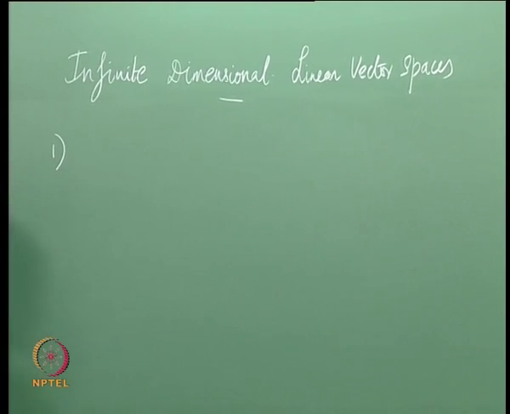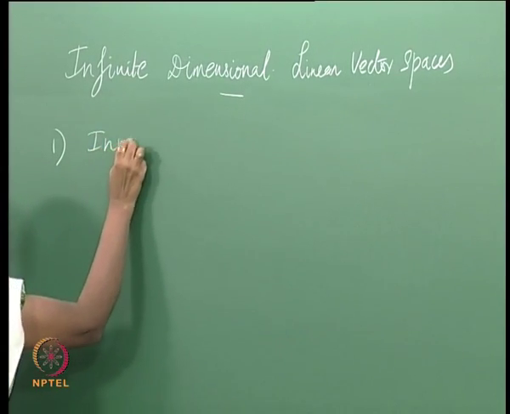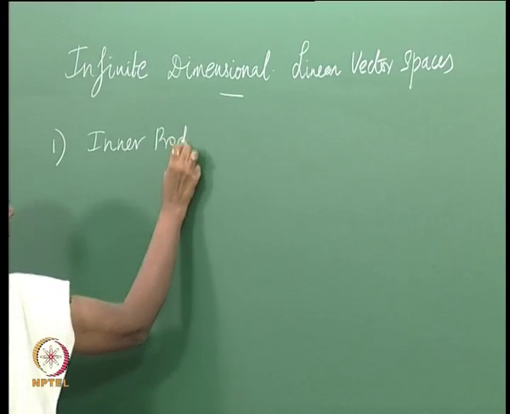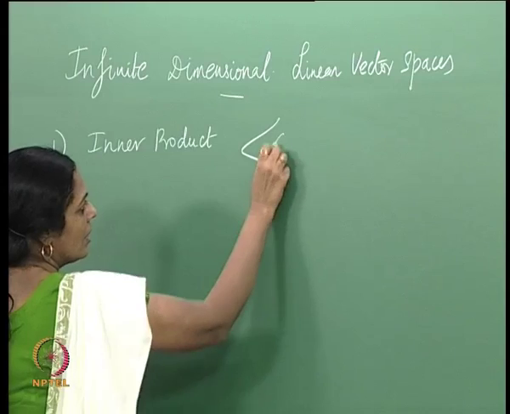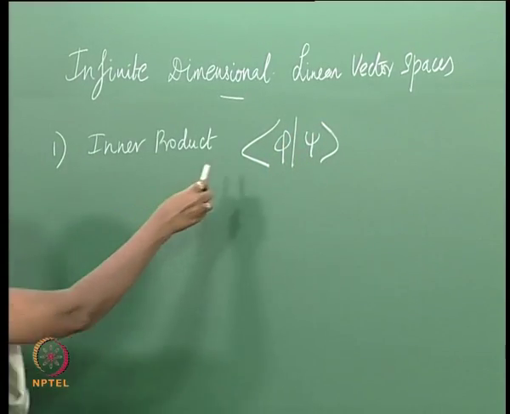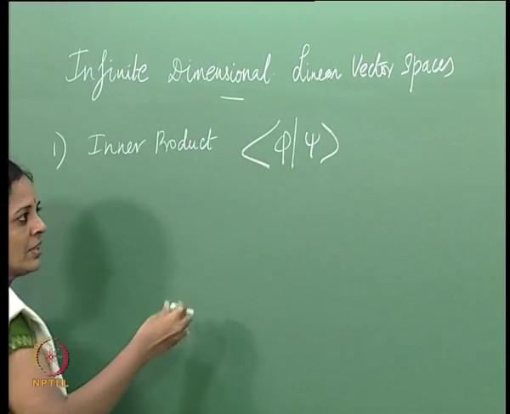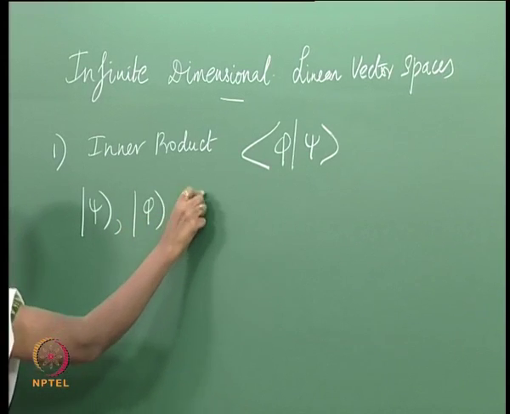These are the ingredients of a finite dimensional linear vector space: the inner product structure, denoted in the Dirac notation by bra phi ket psi, where phi and psi belong to the linear vector space.